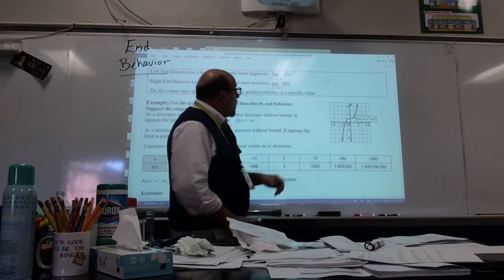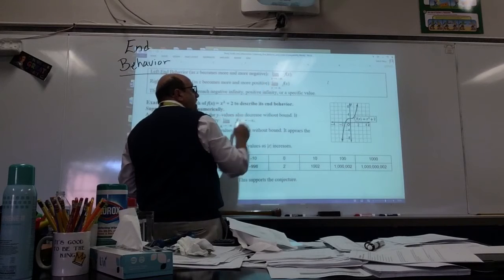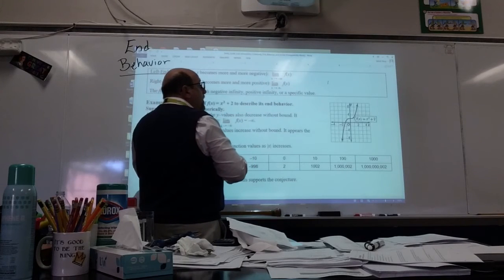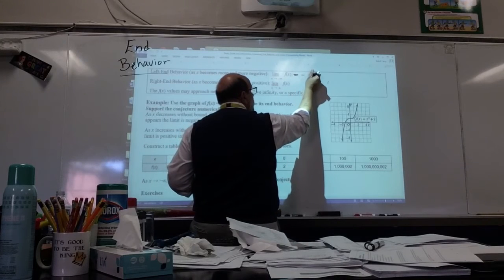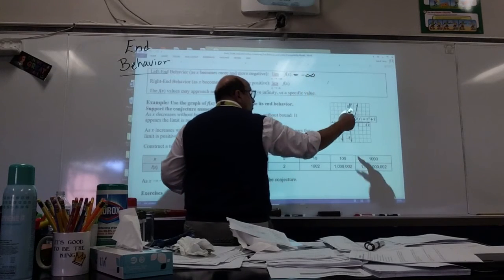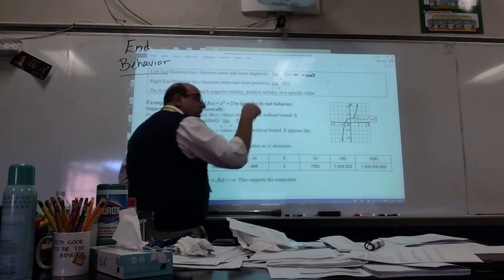In this graph, you would say the limit as x approaches negative infinity is negative infinity, because as you see, as it goes left on the x-axis, it's going down, down, down, down.